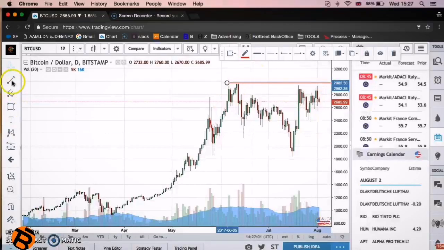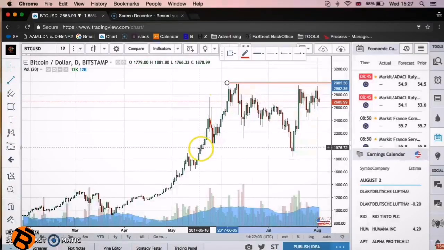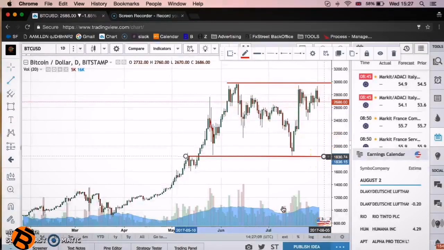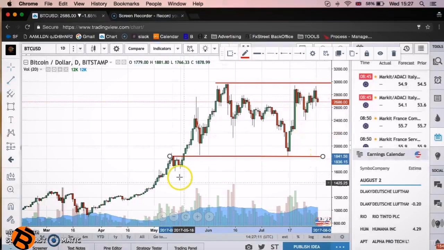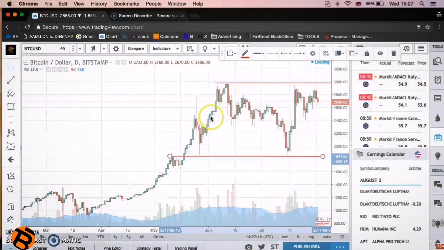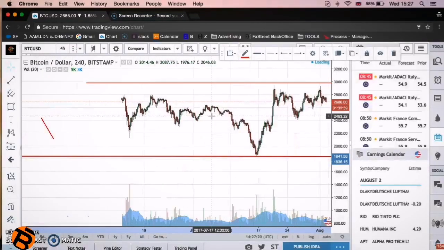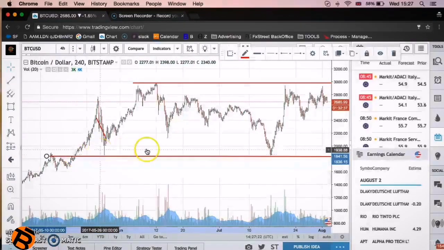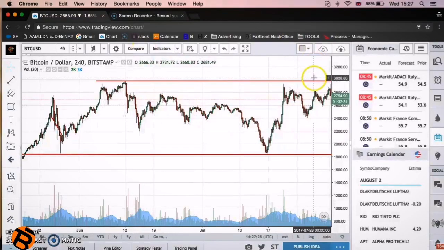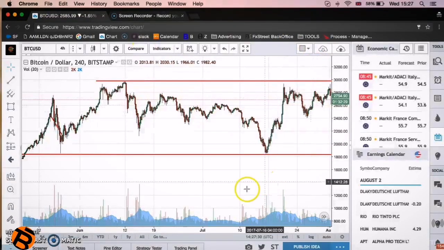Pretty much the same concept is the one of support, and here you have a very strong level which has been tested numerous times, as you can see on this daily chart. If I zoom down to the 4-hour time frame, you can clearly see that the price has been going between those two levels of 3000 and 1800.